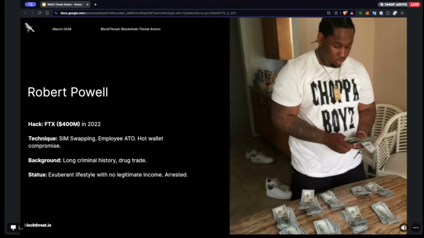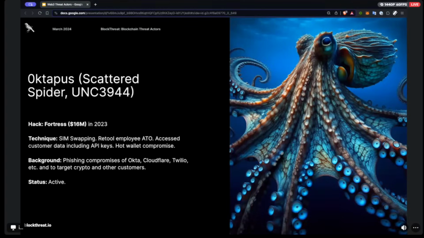Criminal ATOs are very specialized. This is the ATO crew: they gain initial access and hand it off to more experienced folks for the actual fund theft, and then they hand whatever funds they've stolen to laundering groups and so on. This is just one view of one of the groups.